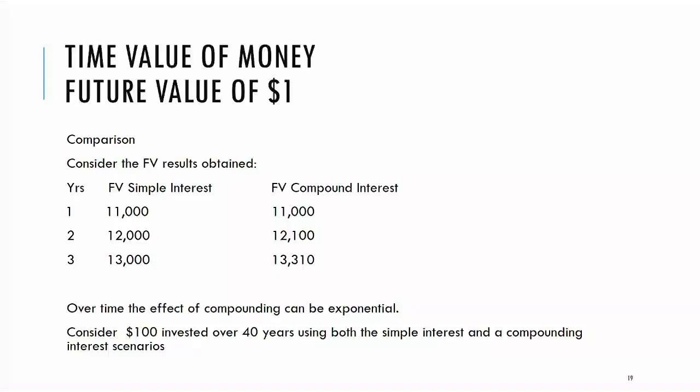So when you compare those two, you can see how much you get in simple interest and compound interest. It's obvious. But if you talk about a longer period, that amount will be significantly higher. Consider $100 invested over 40 years, under both simple interest and compound interest.